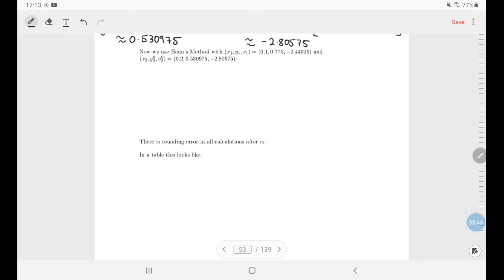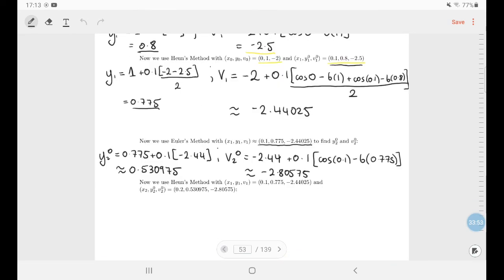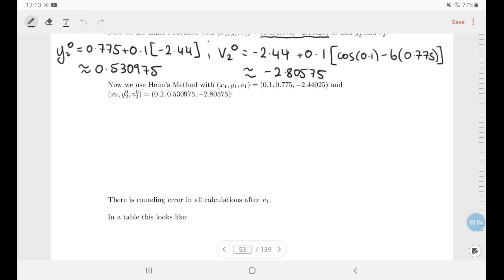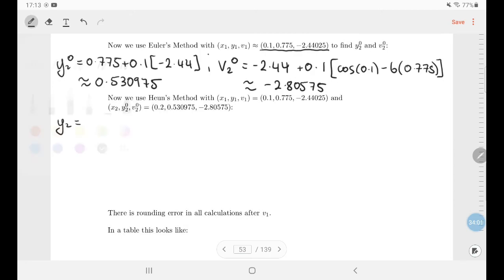And now one more, we can do it. This will finish what we're doing, we'll look at the table. So y2 is equal to the previous y value. So look at the 2 points we're looking at, previous slash current, and Euler predicted next, and we're going to combine those two. So next y value is previous y value, 0.775. I'll have to go into the calculator for this, plus step size is 0.1, and the slope of y, well, we're going to average two slopes.